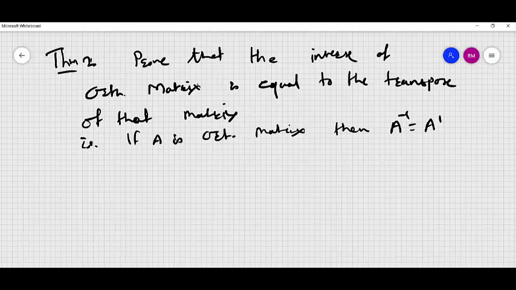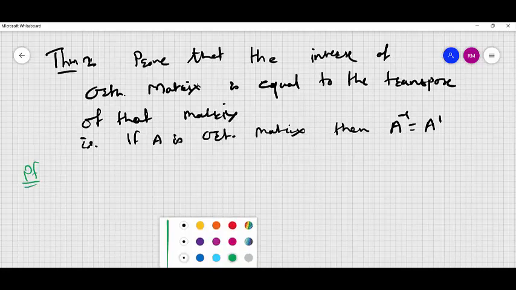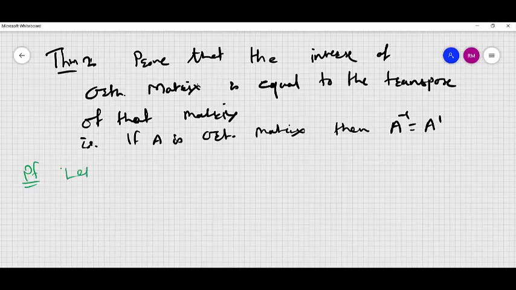So how we have to prove? Proof is simple. We are given A is an orthogonal matrix. Let A be an orthogonal matrix.